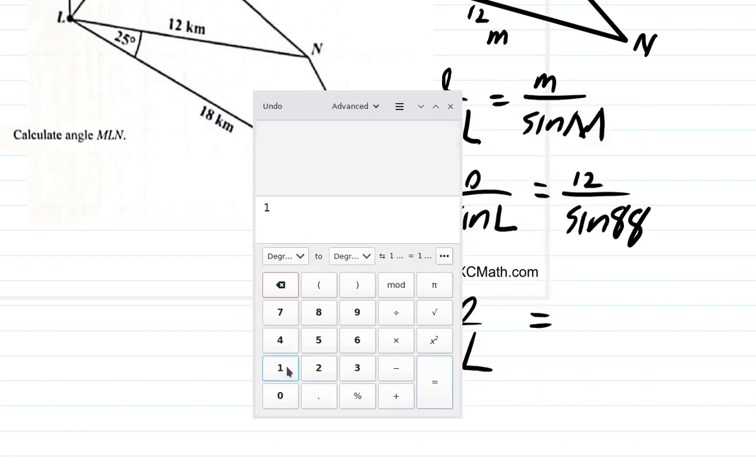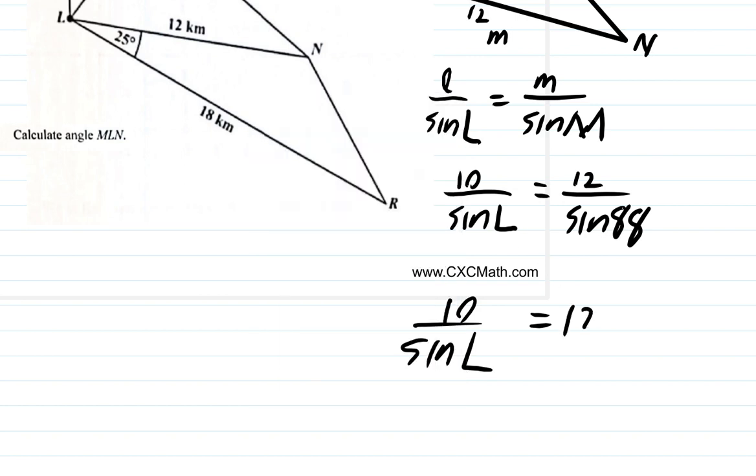It would be 12 divided by sine of, and make sure the calculator is in degrees, sine of 88 degrees equals. So I have 12.007. Let's write that. 12.007. Alright?